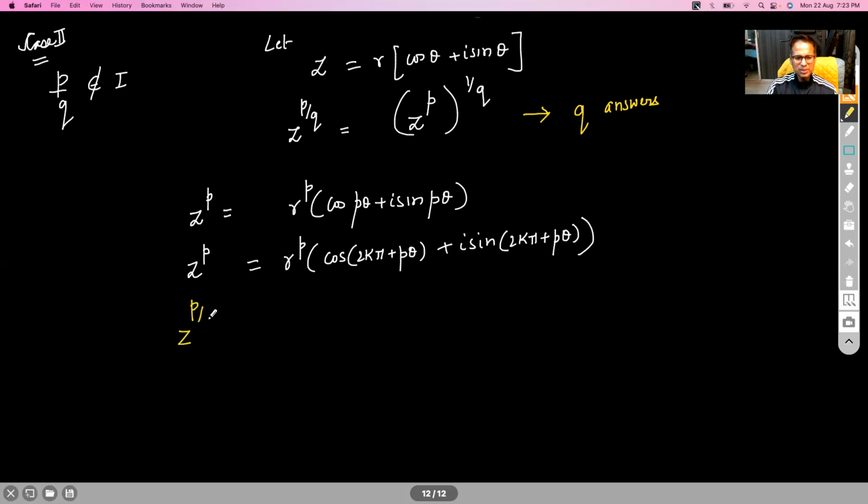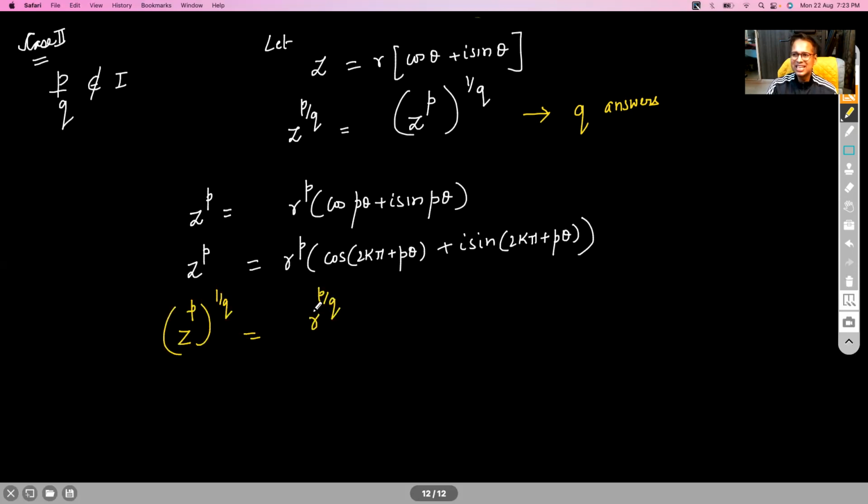Now, when you raise this to the power of 1 by Q, let me write it like this. Basically, you're raising this to the power of 1 by Q. So again, apply de Moivre's theorem that you had learned in case 1.